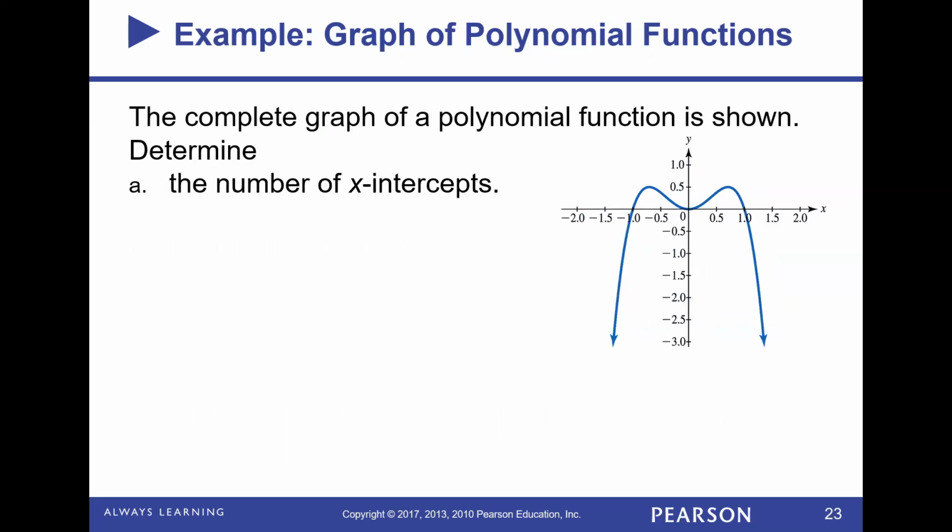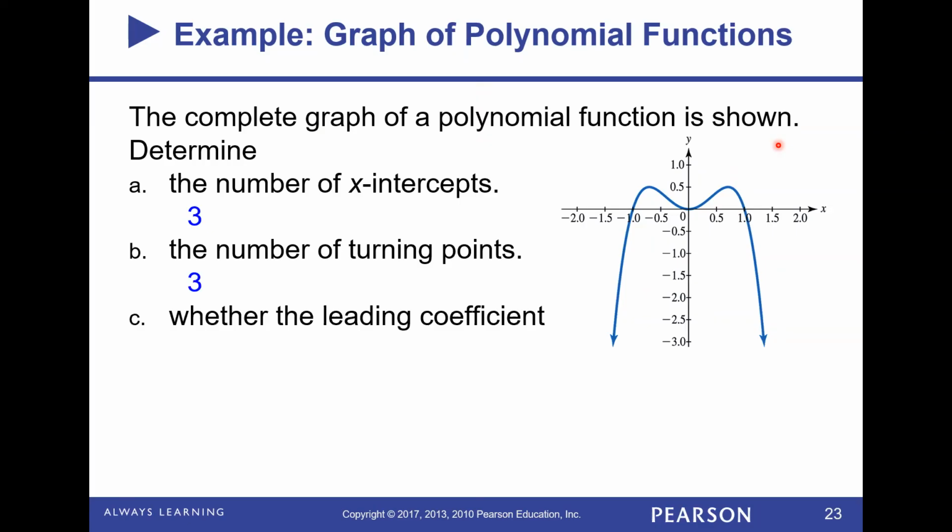And again, guys, this is nice. You're literally looking at the graph and going 1, 2, 3. So I see 3. Number of turning points: 1, 2, 3. I see 3 turning points. Whether the leading coefficient is positive or negative.